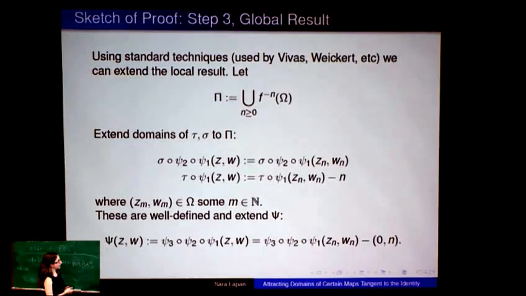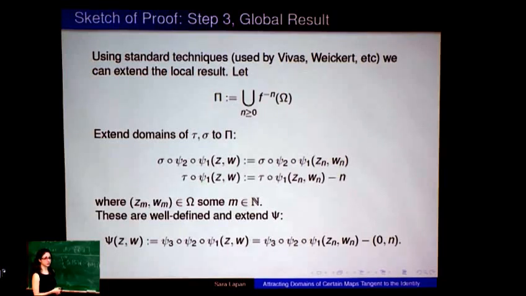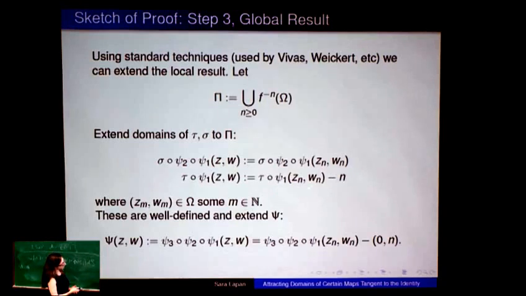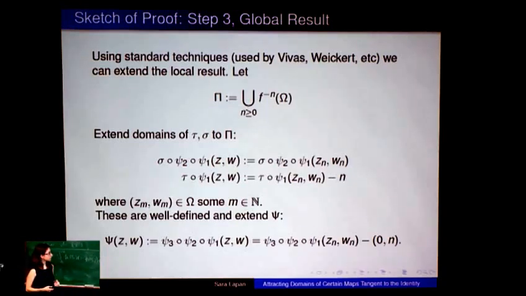We define that to act the same way on the antiderivative of the point ZW. And then for the second coordinate, tau of psi1 of ZW, which is the same thing as the second component of this capital psi, then that acts as tau of psi1 of Zn comma Wn minus n.